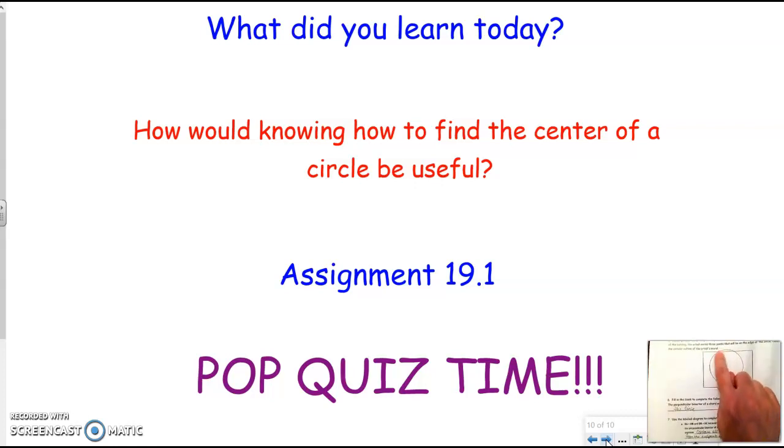It could go on, right here, it could still extend past maybe the yard. I think of like an invisible fence with a transmitter. It could go outside, maybe in the neighbor's yard, and we wouldn't want that. So being able to find the center of the circle would be important in that case.